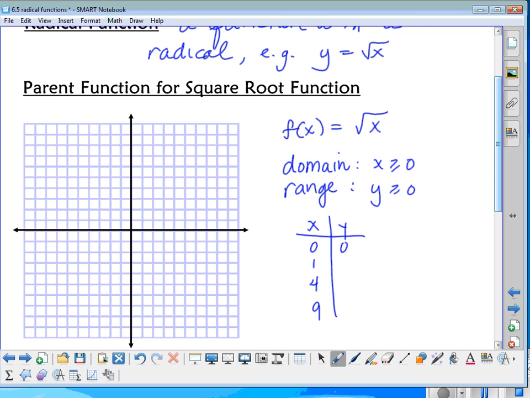The square root of 1 is 1. The square root of 4 is 2. And the square root of 9 is 3. So then when I go to plot those points: 0, 0; 1, 1; 4, 2; and 9, 3. And so this would be the graph of f of x equals the square root of x.